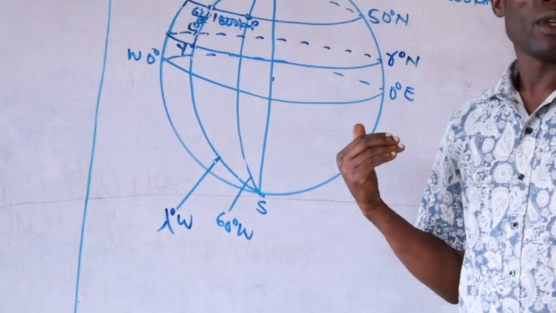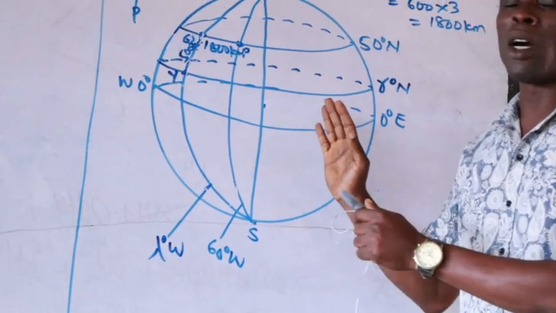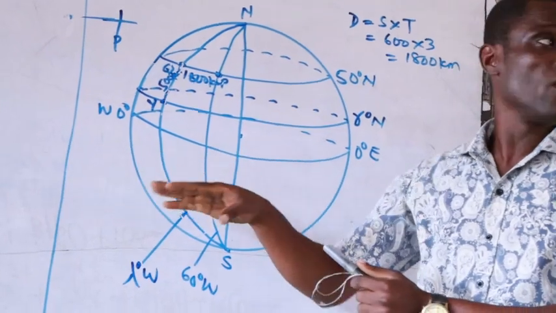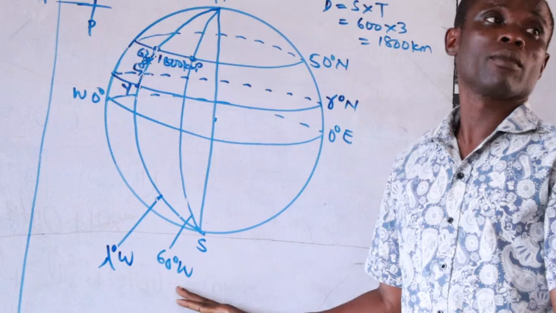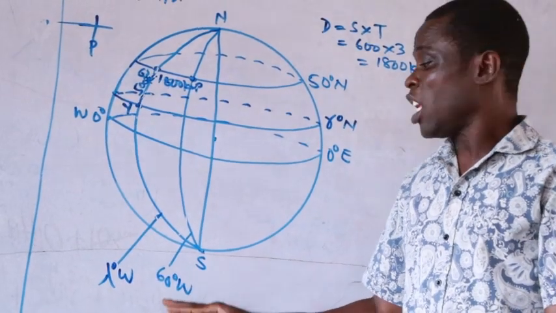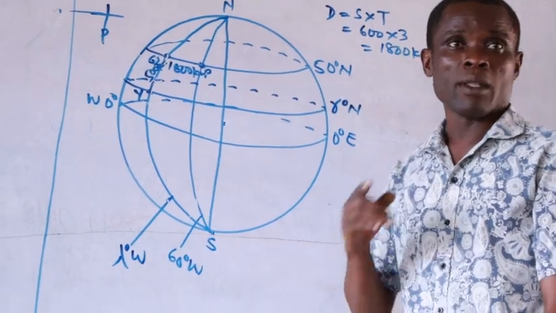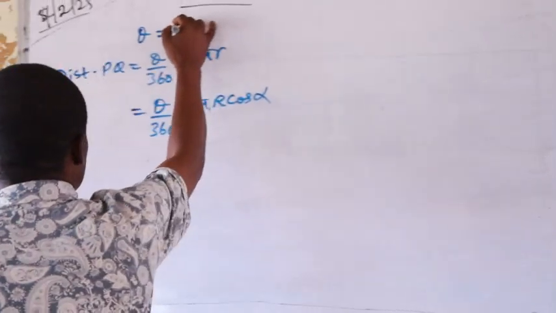Are you with me now? Yes. I told you that from Greenwich meridian to the other one is 180 degrees west. So this one is going to be lambda minus 16. If this lambda is somewhere here, I can say 16 minus lambda. Please take note of that. Lambda minus 16 will be the angular difference.